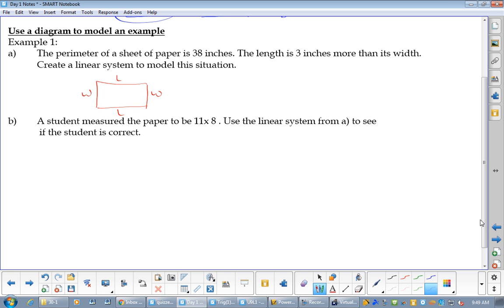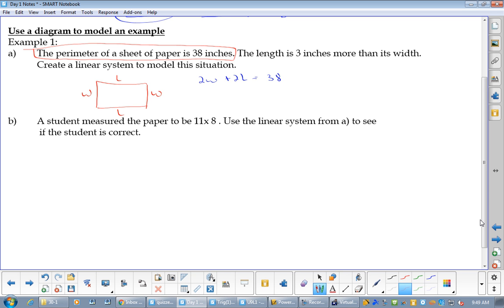Now, let's just do an equation for this one. The perimeter of a sheet of paper is 38 inches. What would be the equation for that? 2W plus 2L equals 38. Okay, and then here's where that vocabulary is going to come in.